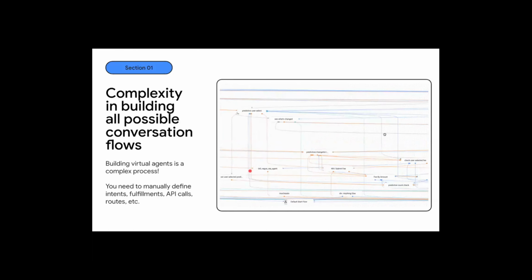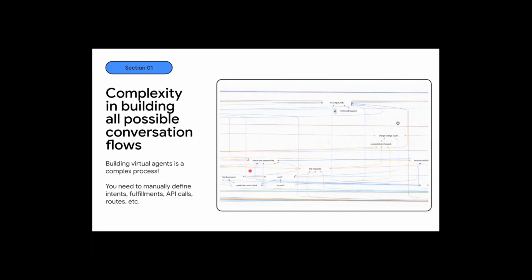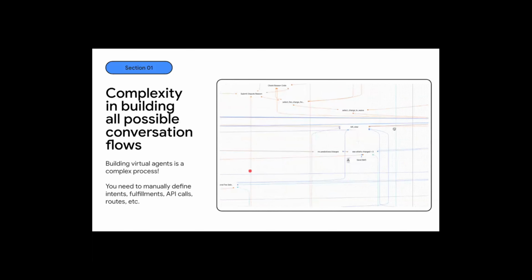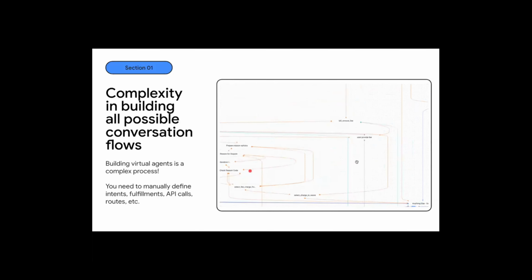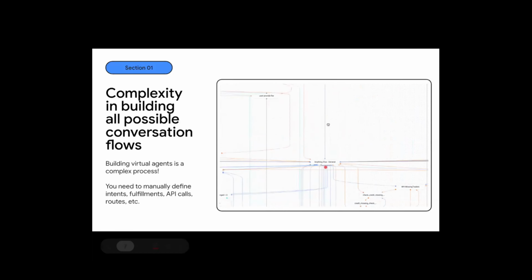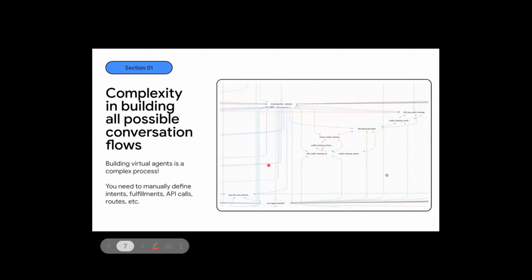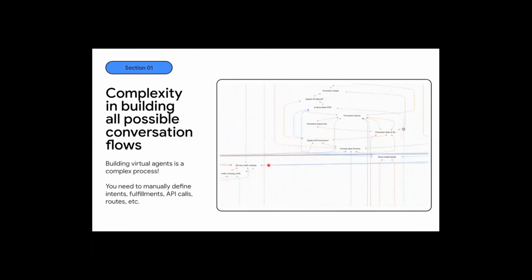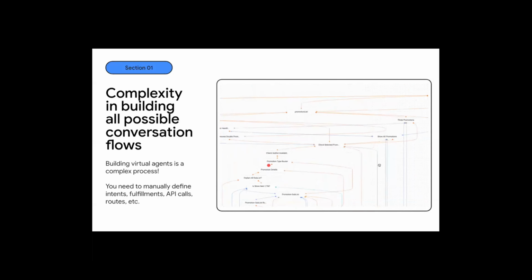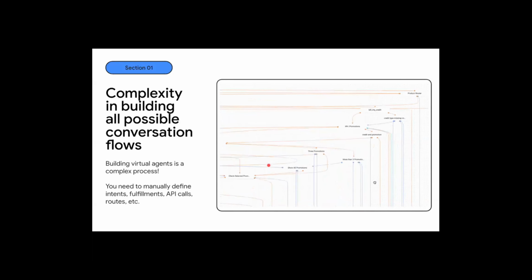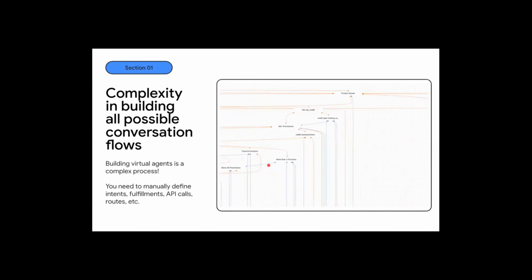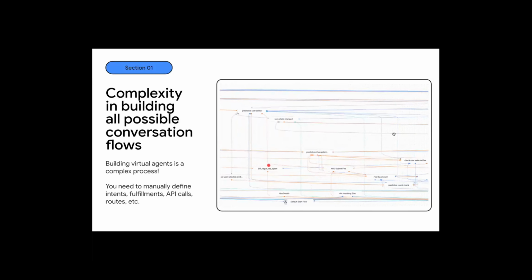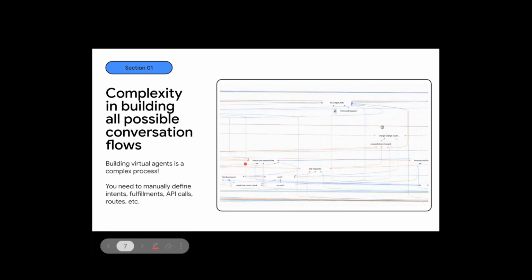So this results in a very large and complex conversation flow. First of all, this is difficult to implement and even more difficult to update. Just like you can see in the slides, it is going to be cumbersome to implement and update. As a result, developers get lost in the logic and the routing of the virtual agent, which takes away valuable time and effort that could have gone into designing a more pleasant customer experience.